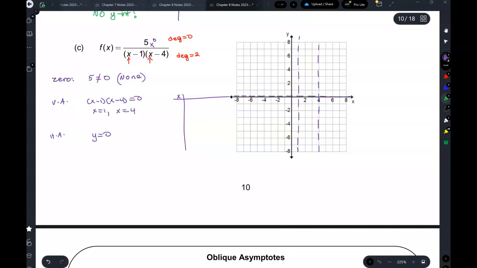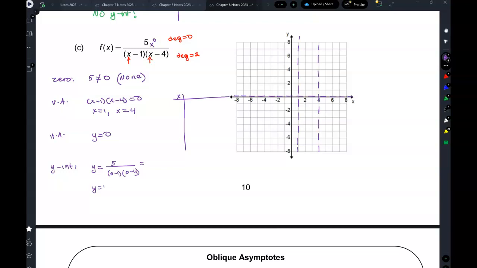We never did the y-intercept. Why don't we do that now? So y equals 5 over 0 minus 1, 0 minus 4.